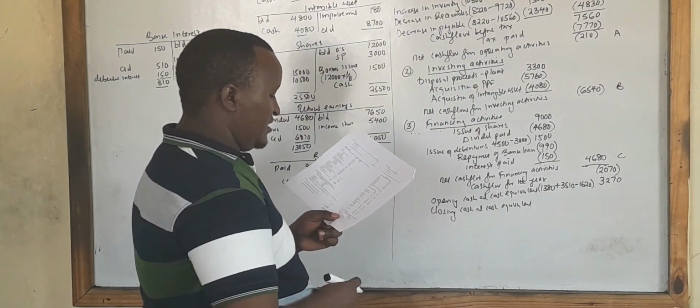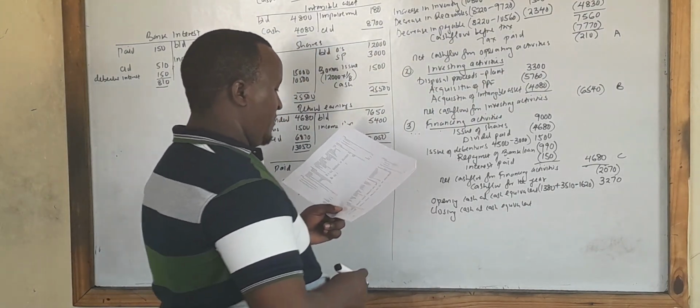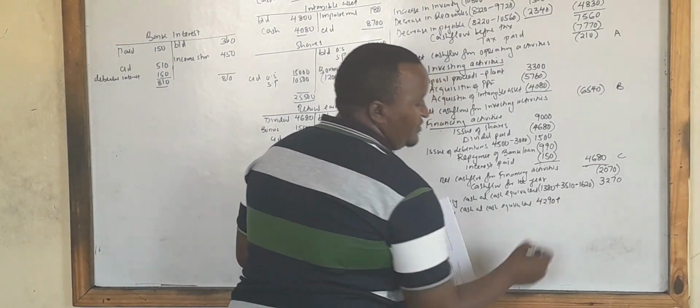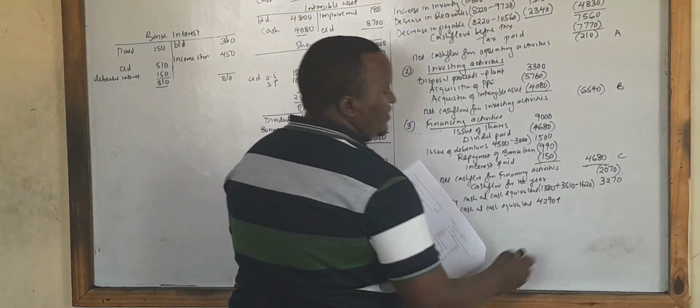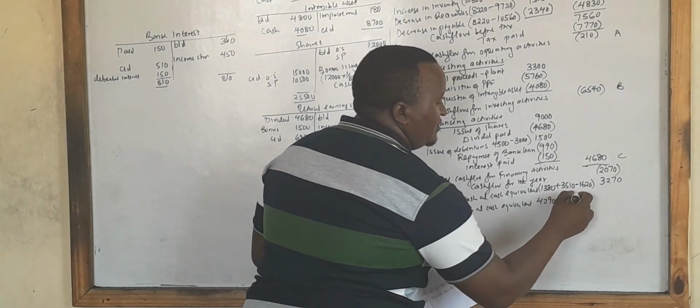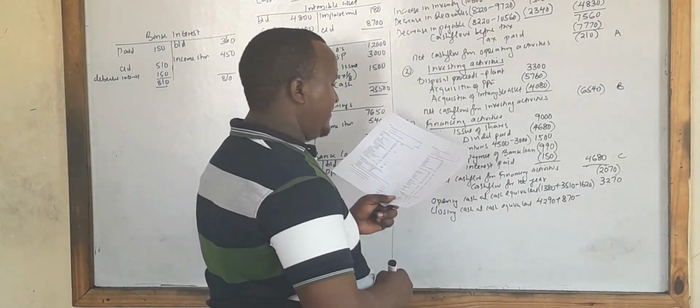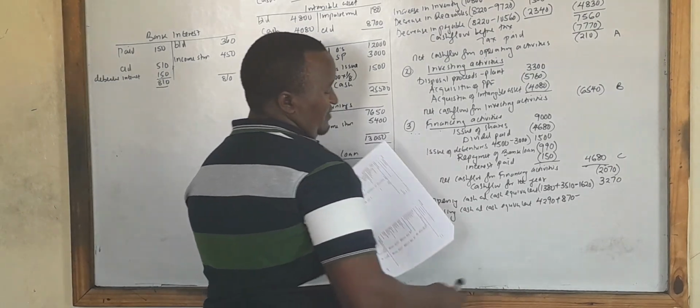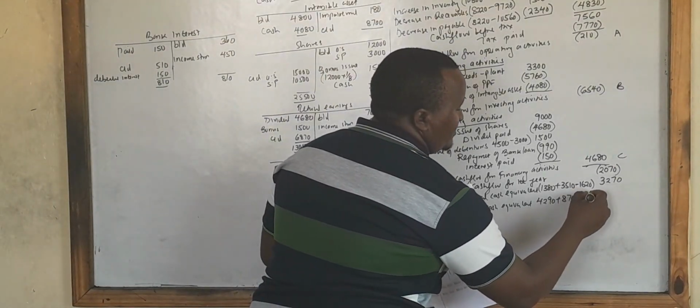Then the closing. We had what as our what? Treasury bill of 42.90. Cash of what? 8.70? An overdraft of 39.60.